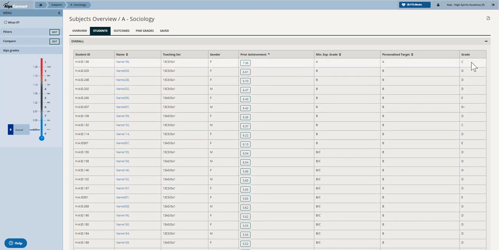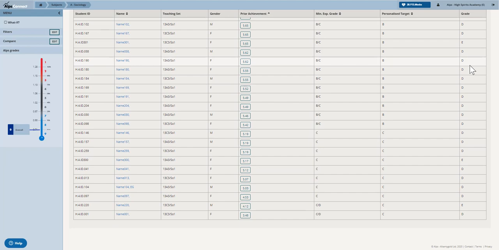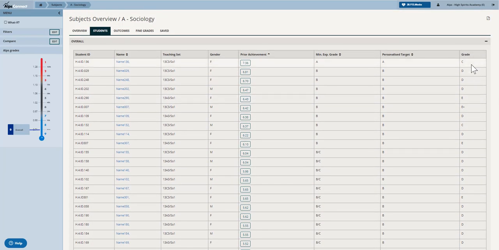My max grade there is a C, and as I just scroll down, I've nothing above a C, and there is only one C. So I might be starting to have that conversation with the sociology teacher about, okay, how much modelling have you done on C grade, B grade and A grade answers in order to facilitate these students being able to access those questions.